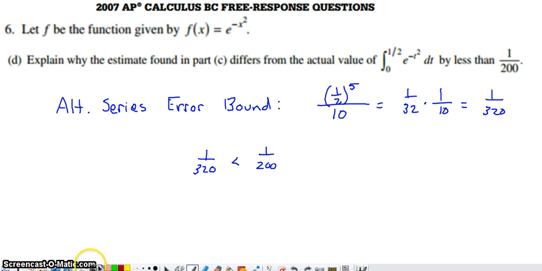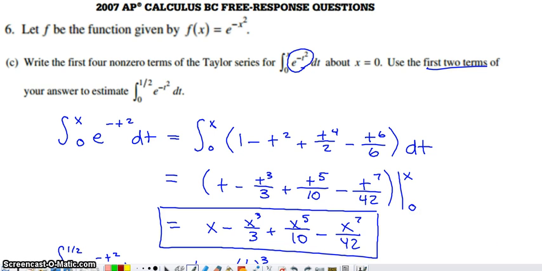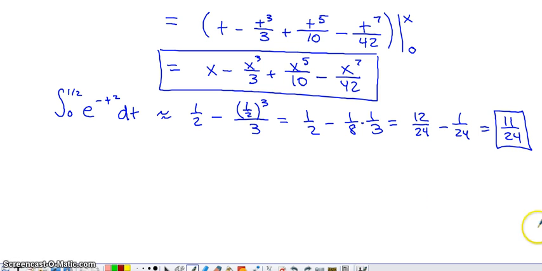So the first term that we left off of this estimate down here, there we go. The first term we've left off within this estimate would be plus 1/2 to the 5th over 10. So that means this estimate for the value of this definite integral is not going to be further off than the first piece we've left off, which is 1/2 to the 5th over 10.